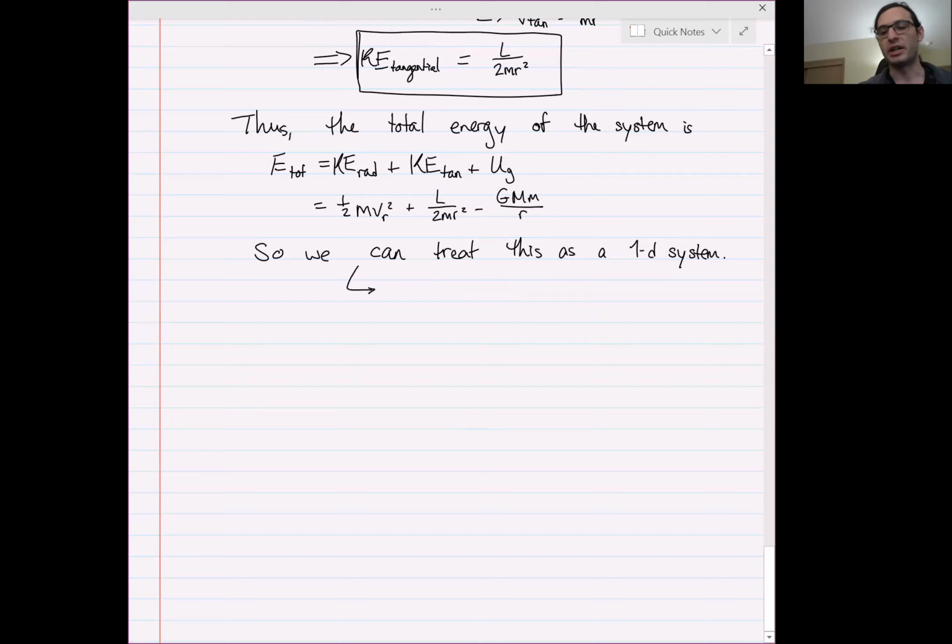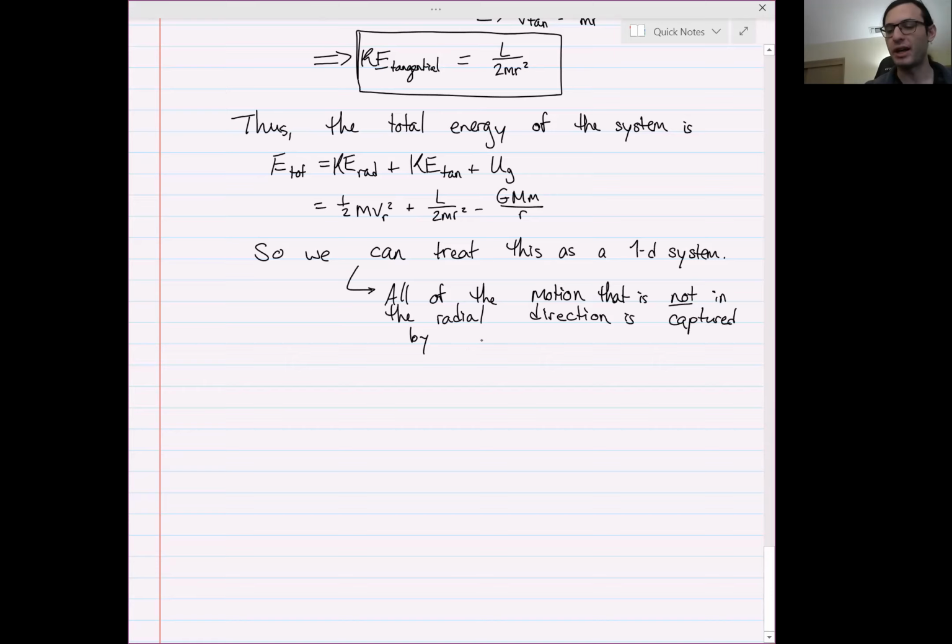The bottom line is that all of the motion that is not in the radial direction is captured by L squared over 2 m r squared.